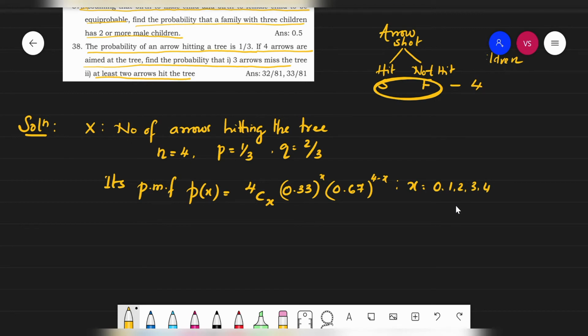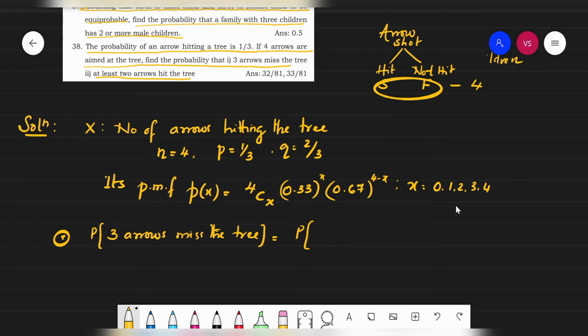The first probability they asked, students, is the probability of 3 arrows missing the tree. When 3 arrows miss the tree out of 4, how many arrows might have hit the tree? 1 arrow might have hit the tree.